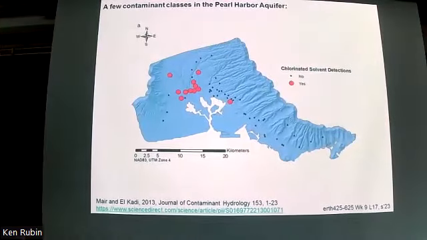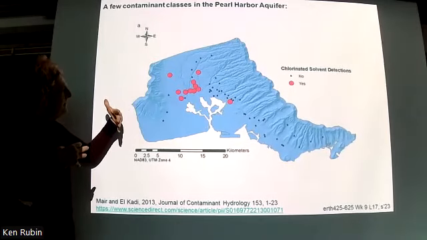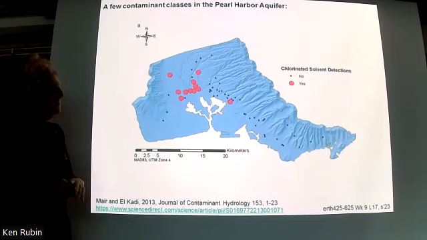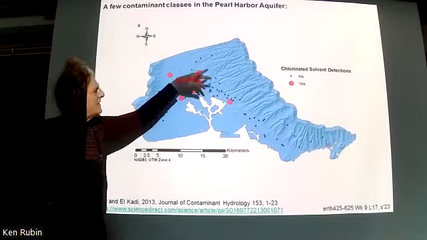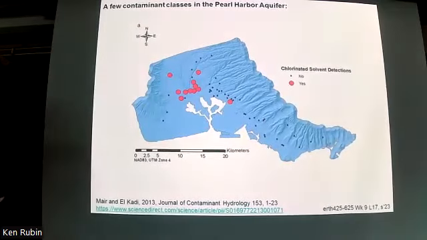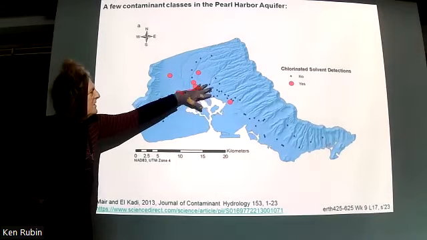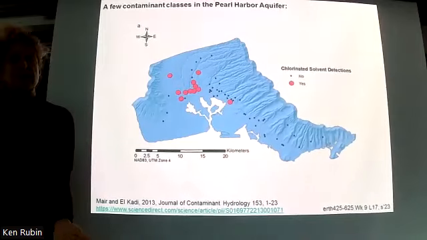So this is just a few contaminants found in Board of Water Supply wells. Each one of these dots is a well, and the dots that have a positive indication, you don't have concentration information, it's just more of a yes or no, was it detected, all the red dots. So chlorinated solvents are found very highly associated with especially the Schofield aquifer, but also this region over here on the east side of Pearl Harbor.